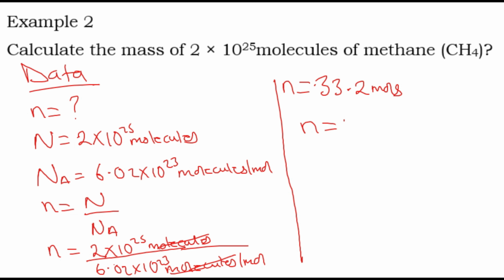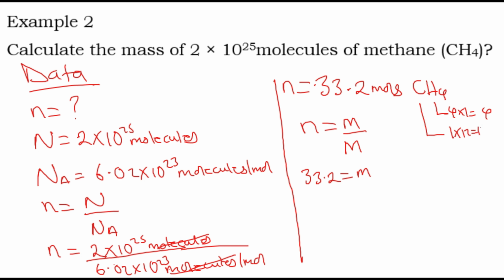And we use this same number of moles to determine the mass of methane. So we say number of moles is equal to mass over molar mass. We have 33.2 is equal to m over the molar mass. What is the molar mass of methane? We can find the relative molecular mass: 4 × 1 is equal to 4, 1 × 12 is equal to 12, and we get 16 grams per mole.